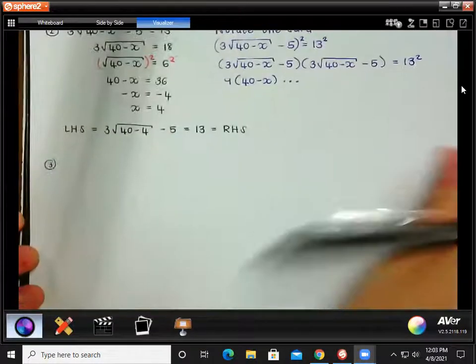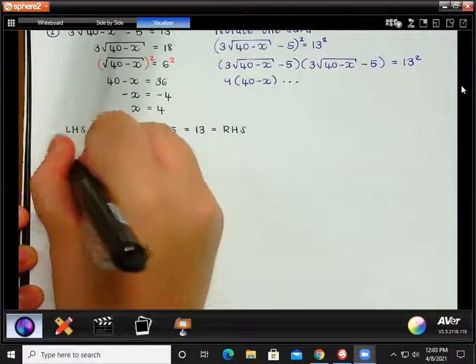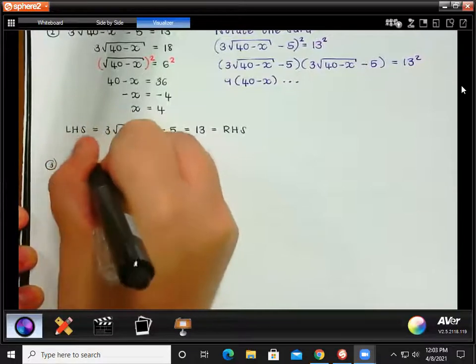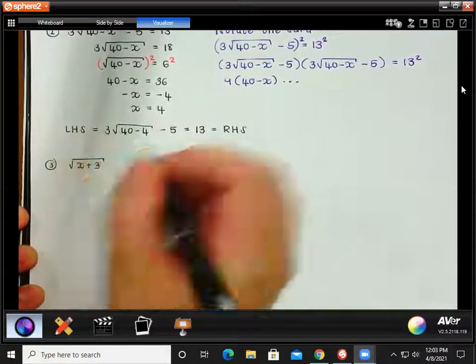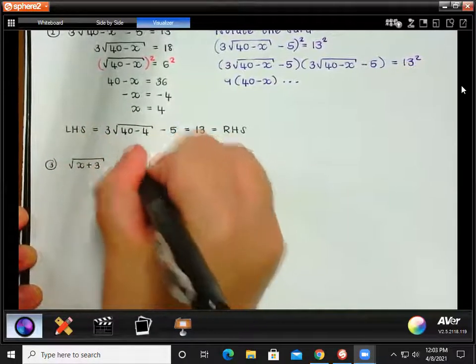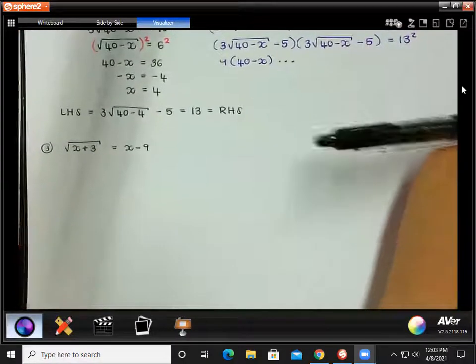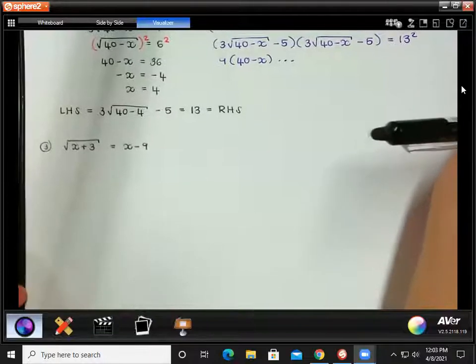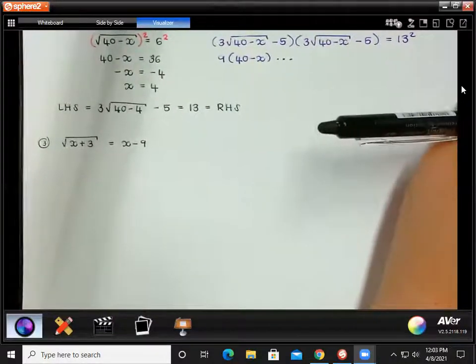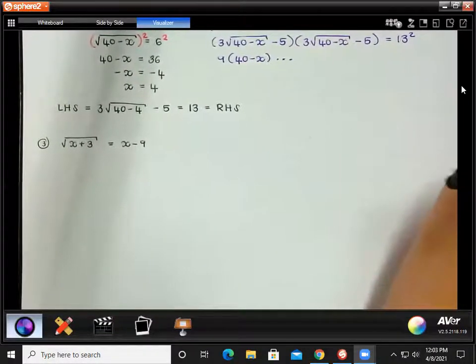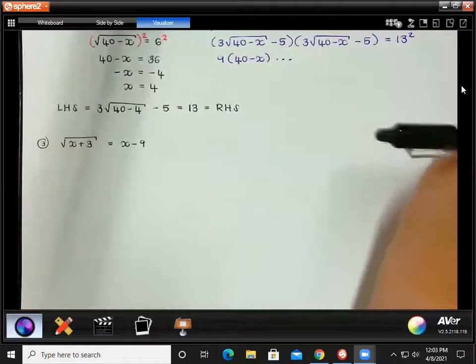Number 3. Square root of x plus 3 is equal to x minus 9. We already have our surd isolated, okay, on its own.